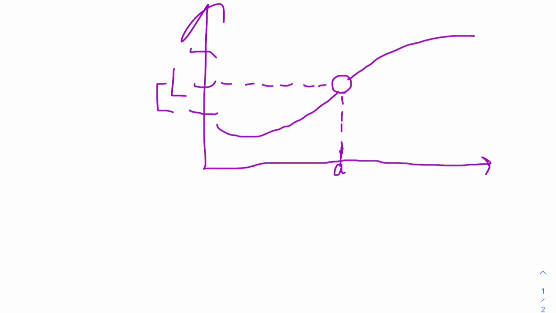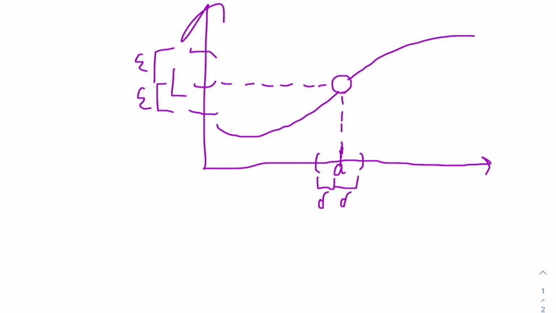So these two distances are epsilon and epsilon. And we allow a delta window around a. So let's say around here and here, so delta units below and delta units above a. So within these distances we defined, we are sufficiently close.